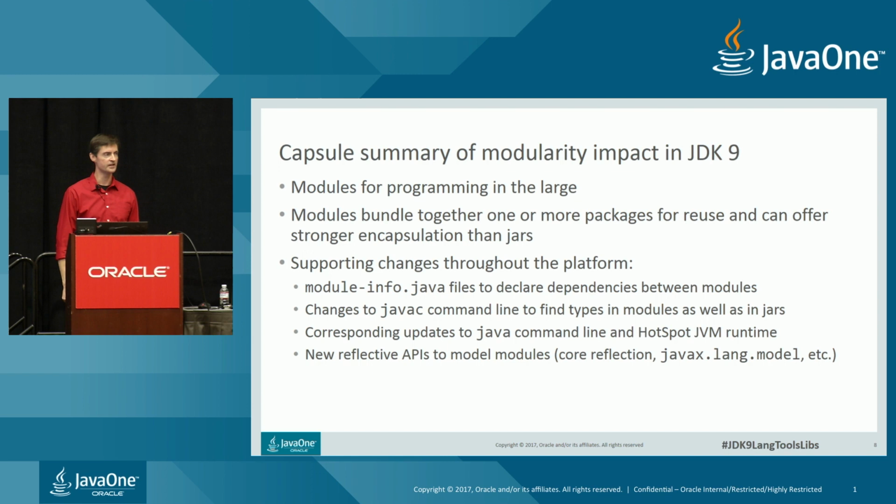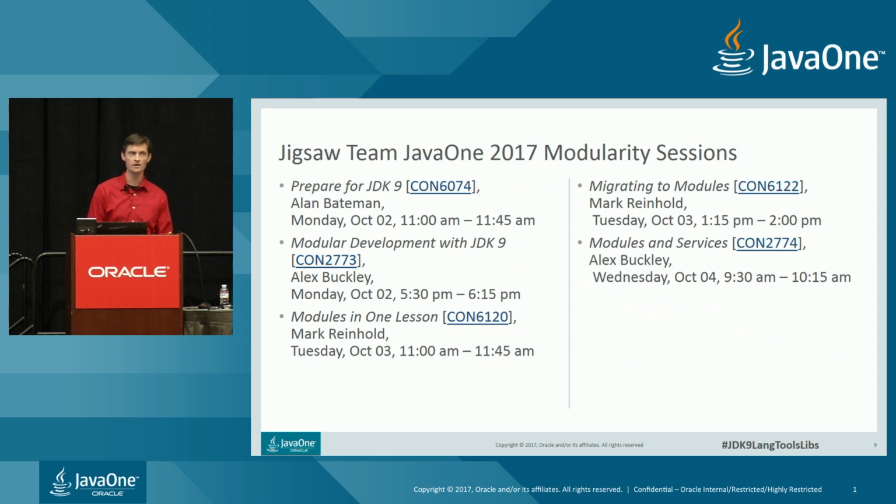There were corresponding updates made to the Java command and the HotSpot runtime to understand the modularity restrictions. And there were also API changes. Those API changes include updates to the core reflection and the language model to model the new aspects of the platform. Now, there's much more to be said about modularity than can fit in a single 45-minute session.